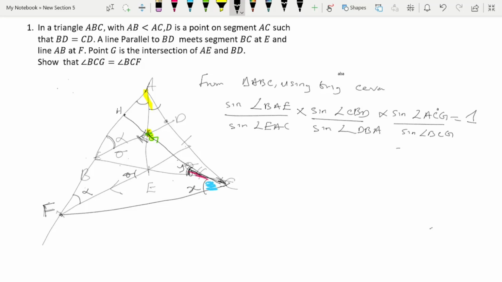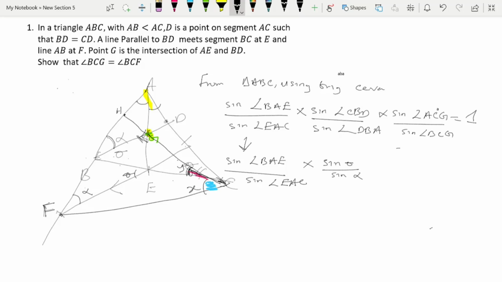We don't know what BAE and EAC are, so we can still keep those. Then we know that CBD is theta and DBA is alpha, so we can say sine theta over sine alpha.